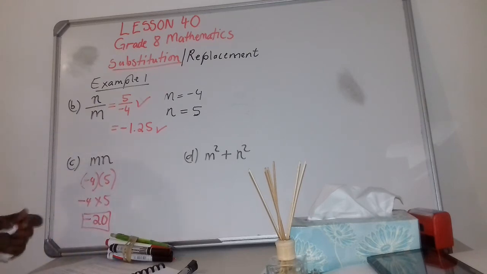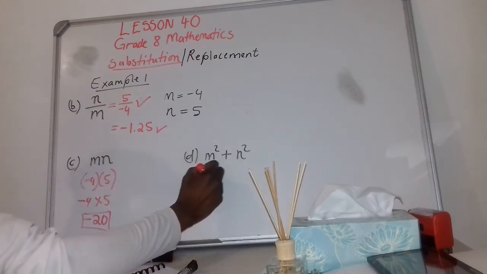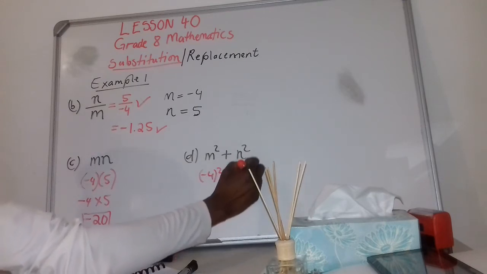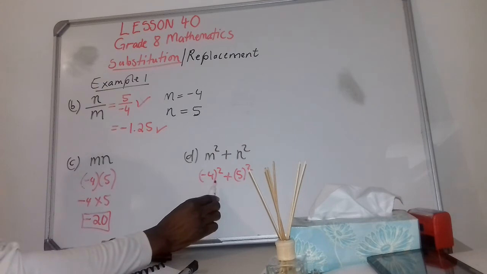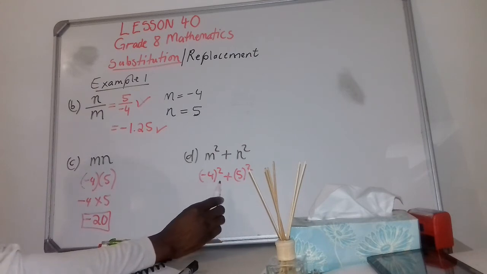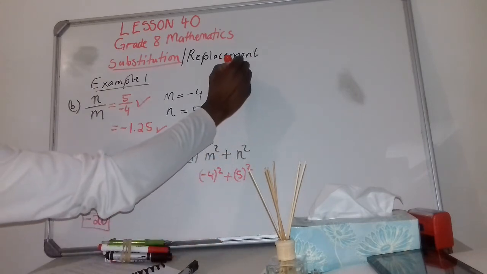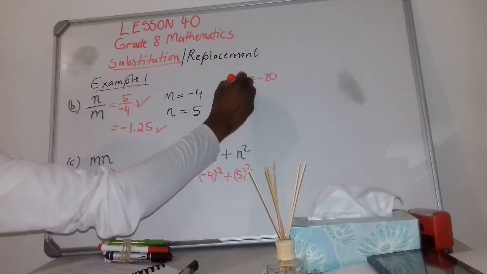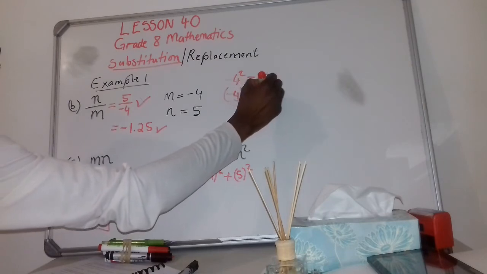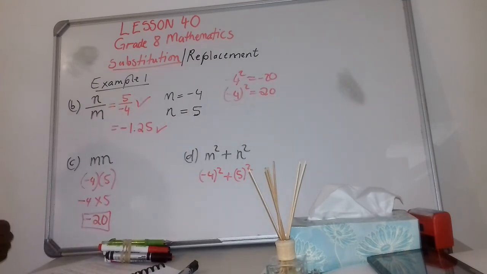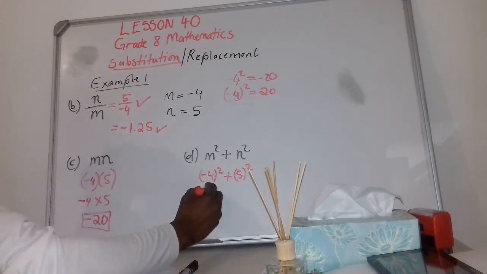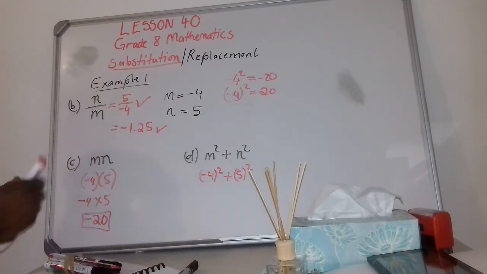Now for D, we should square each number. So we say -4, we square that, plus positive 5, square that. If you want to punch this on your calculator, please make sure that you use brackets, because if you don't use brackets and you just do this, you're going to get -20. But if you use brackets, you're going to get positive 20. No, I'm sorry for that.